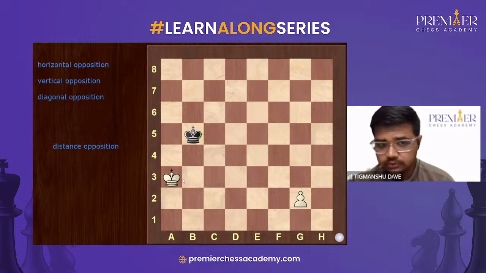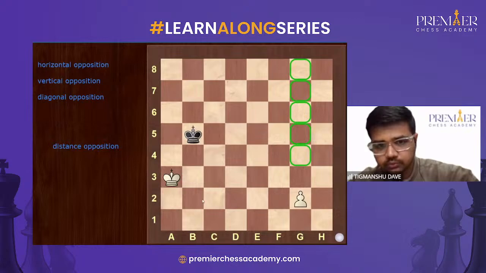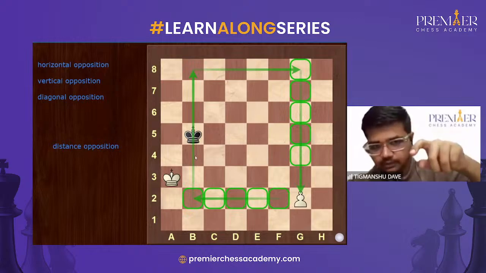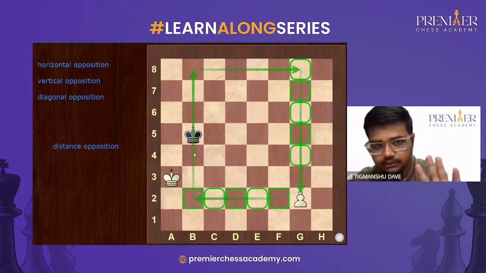So you cannot just push the pawn, because, as per the rule of the square, it is 1 2 3 4 5, 1 2 3 4 5. If you make the square out of it and the black king is in the square, the black king will easily reach the pawn and capture it.